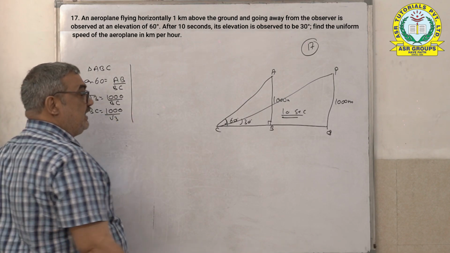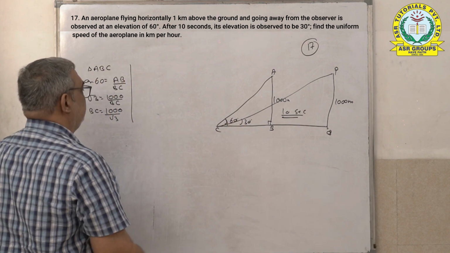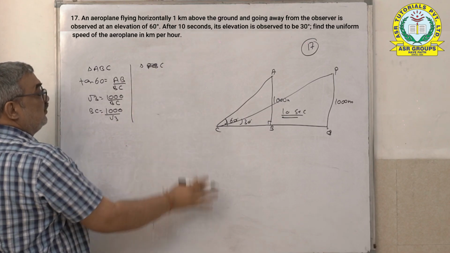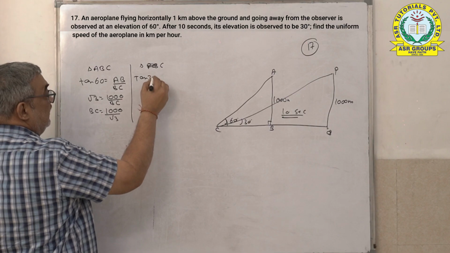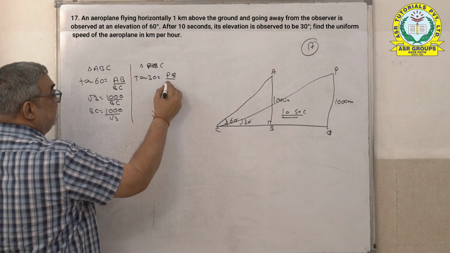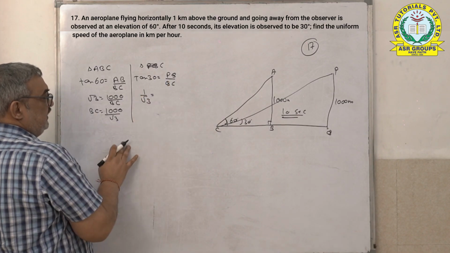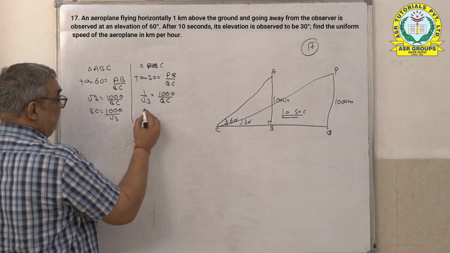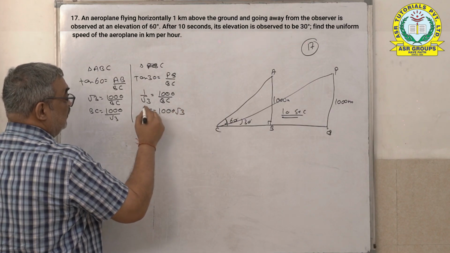Now we'll take triangle PQC. In triangle PQC, tan 30, opposite side is PQ, adjacent is QC. 1 upon root 3, 1000 upon QC, QC is 1000 root 3.